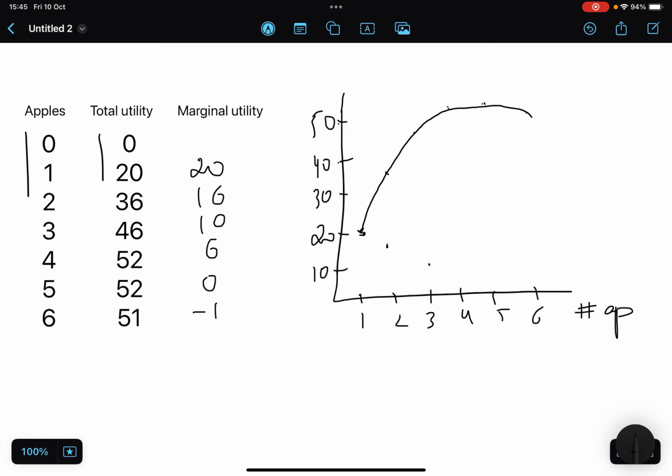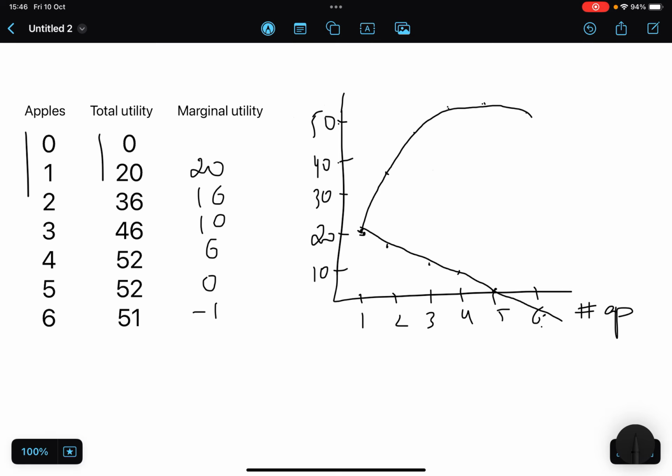For 4 apples, it's about 6. For 5 apples, it is 0, and for 6 apples, it goes to the negative, approximately here. So let's connect these dots. We have this marginal utility curve.